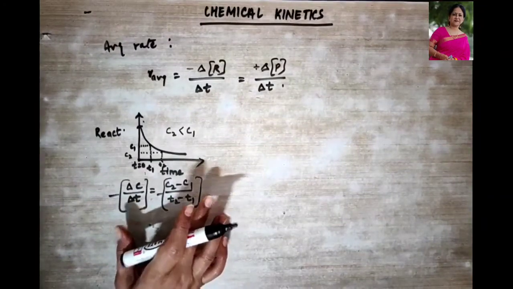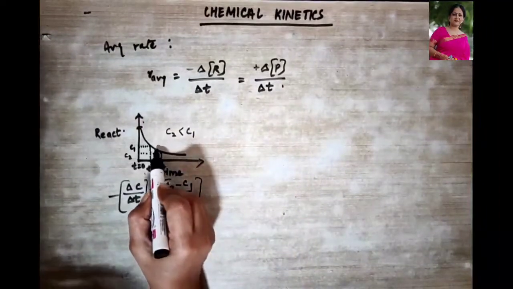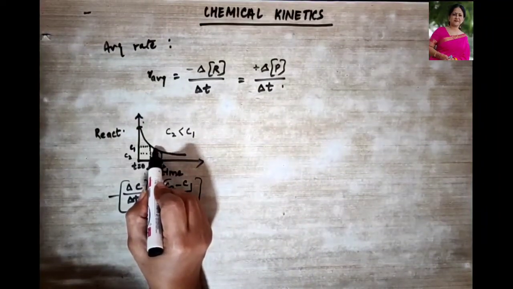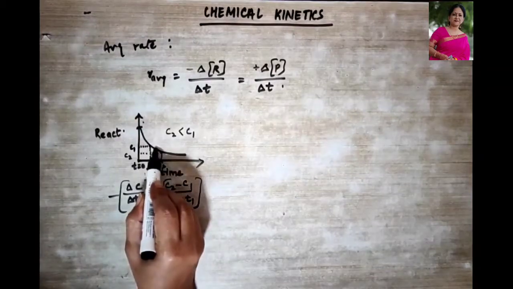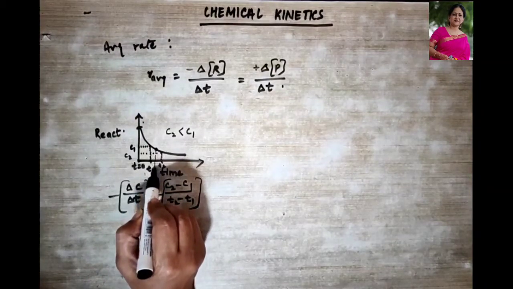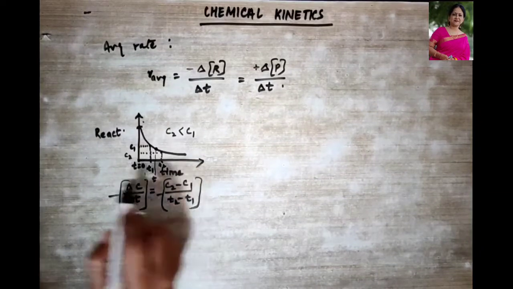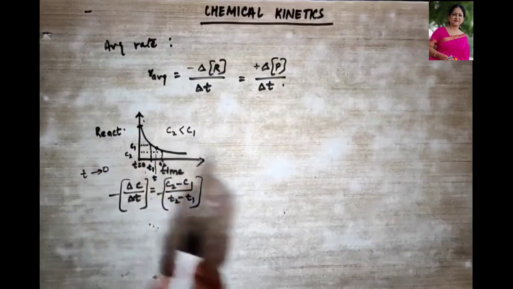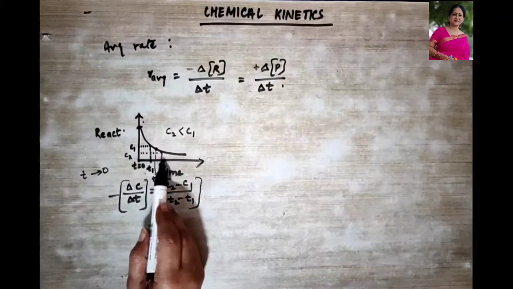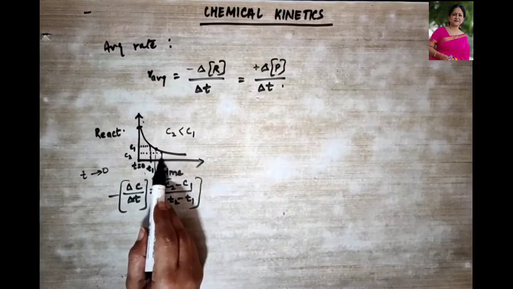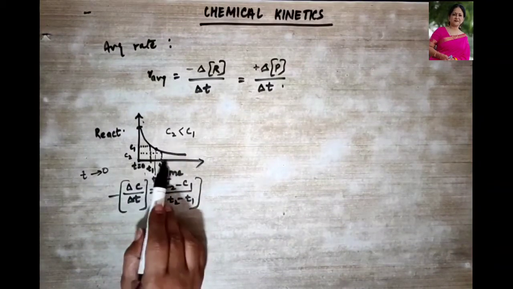Now, suppose the concentration of the reactant is asked over here. So let us look at the time over here. Time over here is T is 0, because we cannot measure the time as it does not fall into the range.